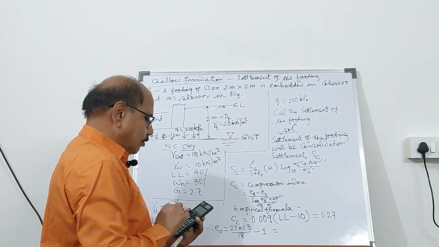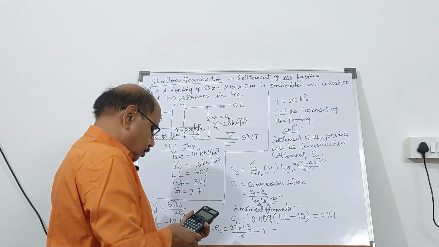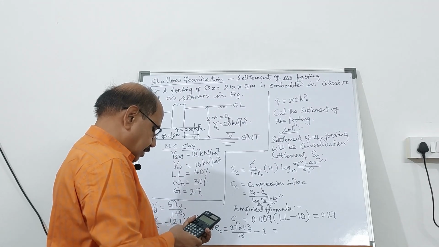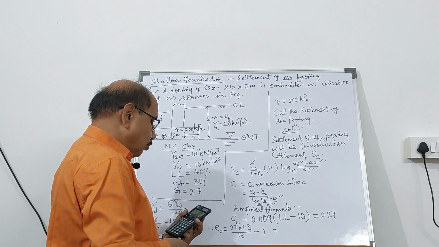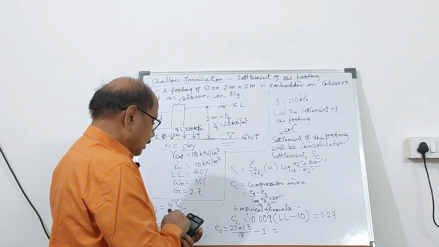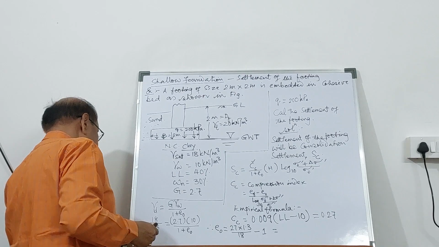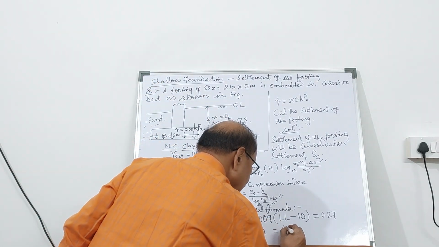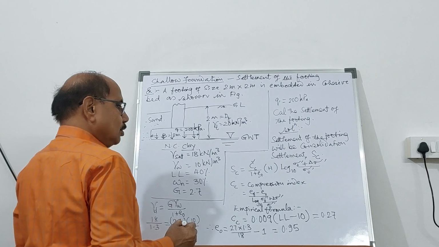If you calculate, the value will be 27 into 1.3 divided by 18 minus 1, which gives you 0.95. So I've got e naught also.